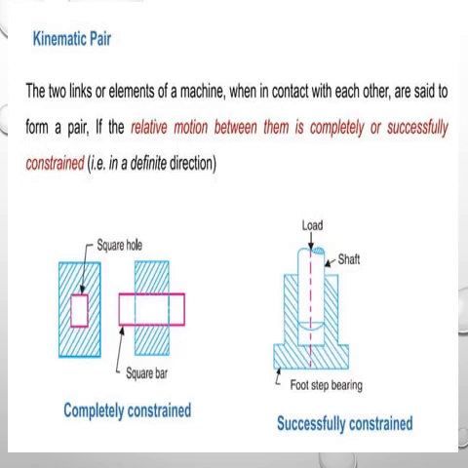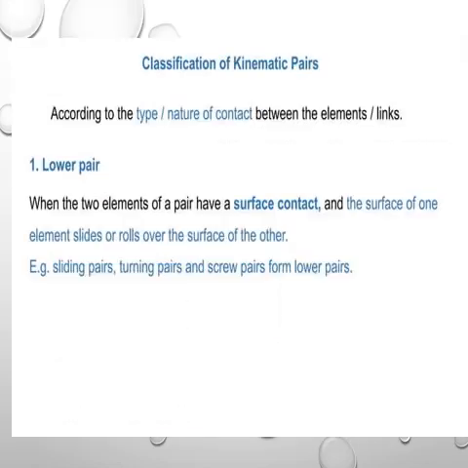Next, there is the kinematic pair. Two links or elements of a machine, when in contact with each other, are known as a pair. Otherwise, when the relative motion between them is completely or successfully constrained, it is known as a kinematic pair. Next, classification of kinematic pairs.